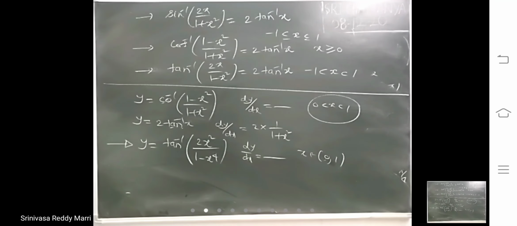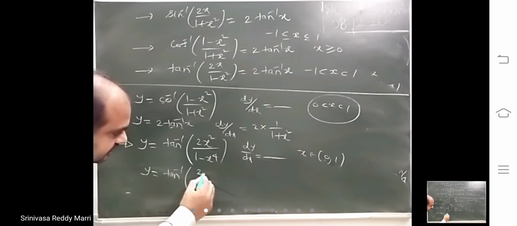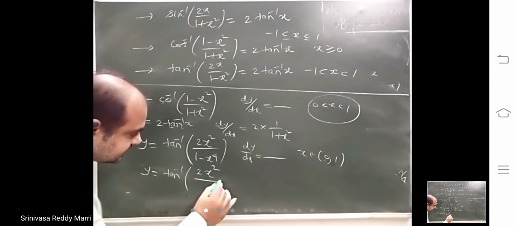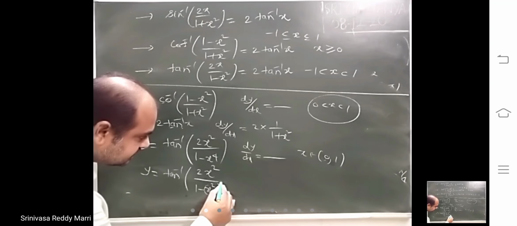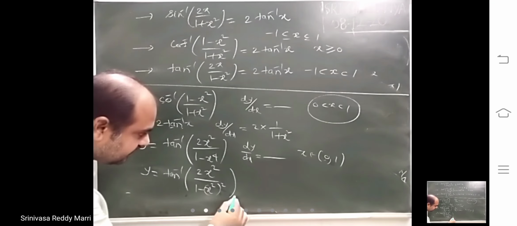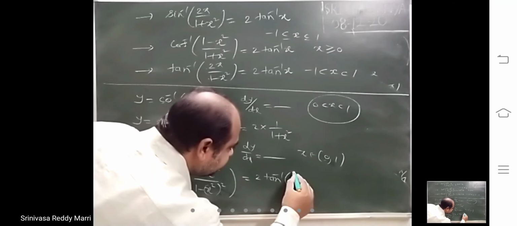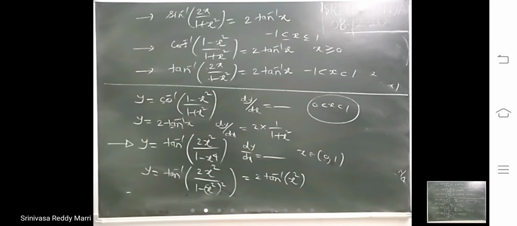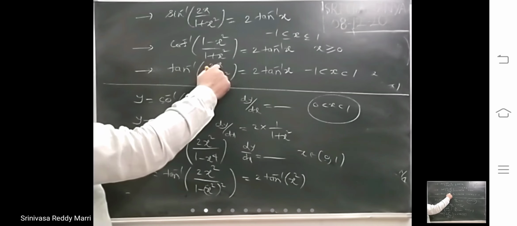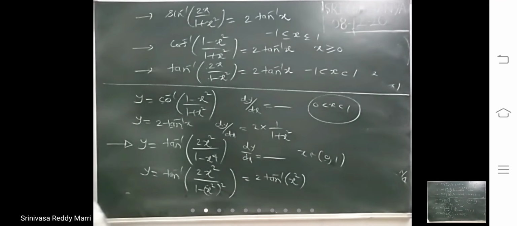That means y is nothing but tan inverse of 2x divided by 1 minus x square, with x replaced by x square. That is nothing but 2 tan inverse x square. For writing this formula, x must be between minus 1 and 1.